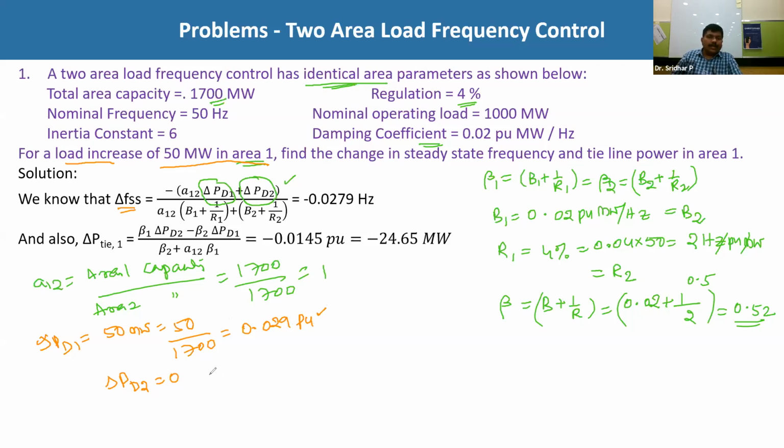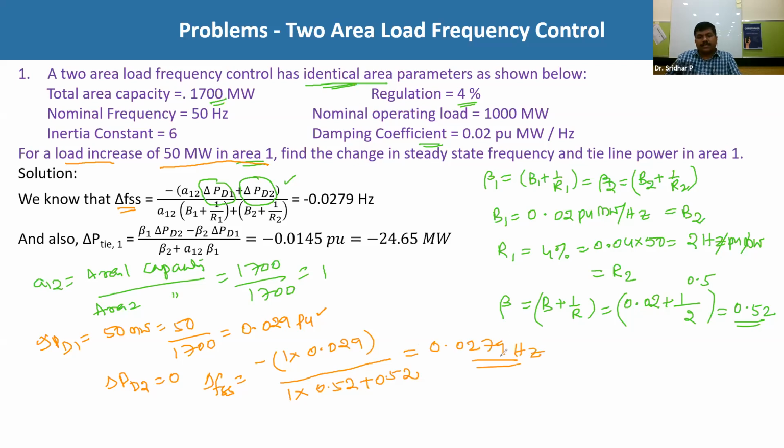So delta FSS, the steady state change in frequency, is minus of 1 into 0.029 divided by A12, which is 1 into 0.52 plus one more 0.52. If you simplify this value, approximately this is 0.0279 hertz. So this is the one case.